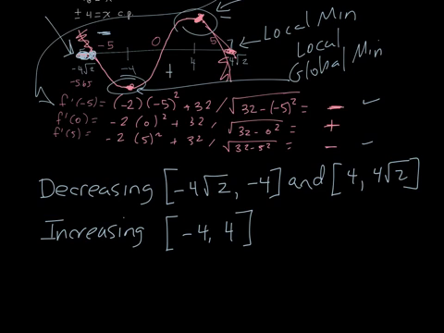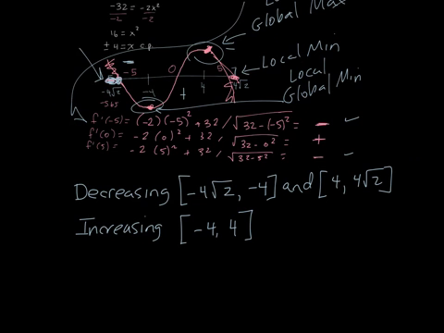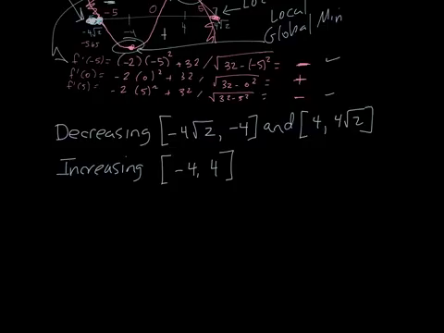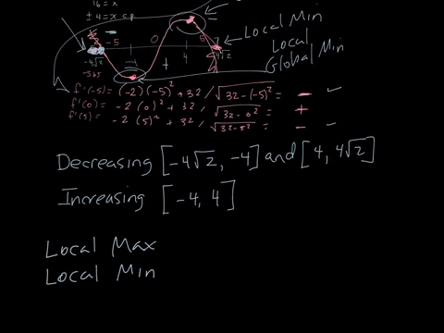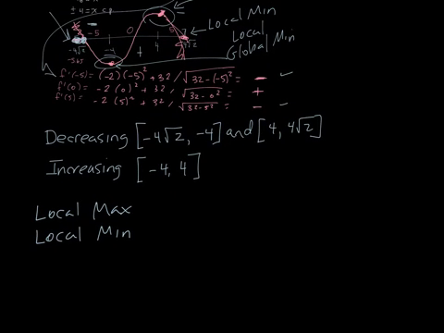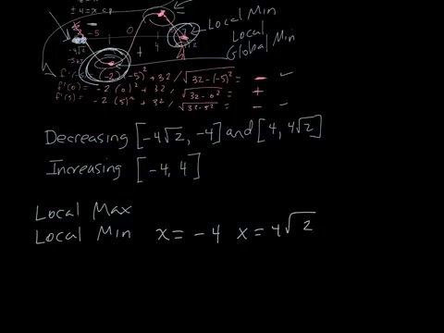And then finally, if we list our local maxes and local mins, as I can still see my picture, how horribly ugly it is, it's going to have a local min at x equals -4. That one's pretty clear to see. But then it also has a local min at x equals 4 square roots of 2.